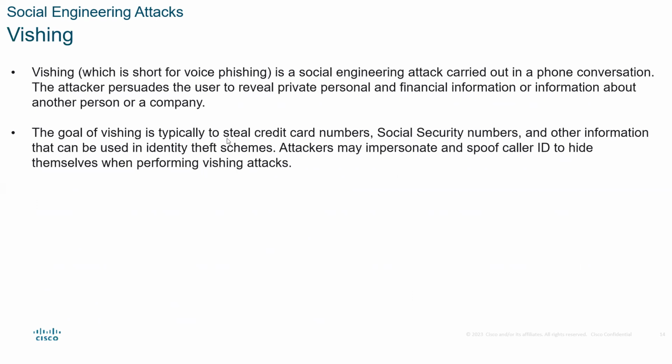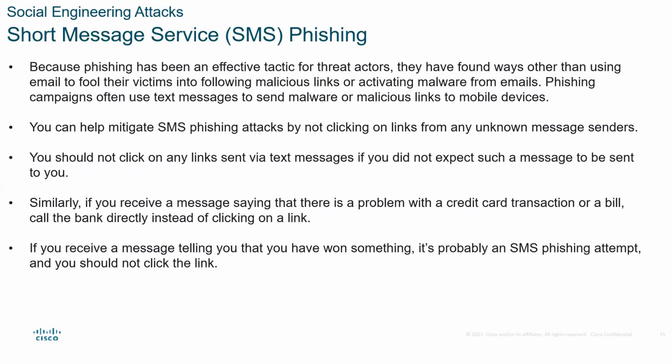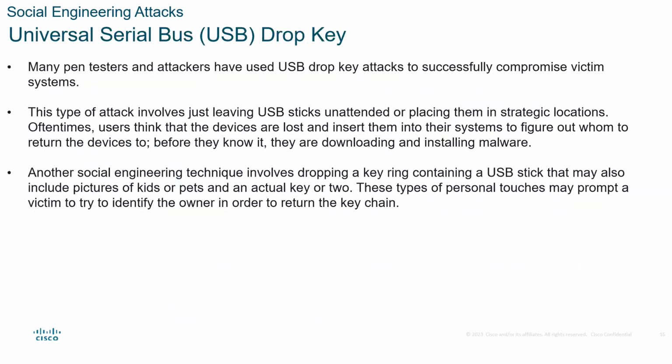Then vishing is if it's going to be a short voice note message or a phone conversation. So you're able to differentiate the different types of social engineering attacks. Then we'll call it smishing if it's going to be an SMS, an SMS that's going to lure somebody to click on a malicious link. Then we have what we call the USB drop key, where you put a script or whatever can be loaded on the PC or system, and it just gets dropped randomly within the enterprise.